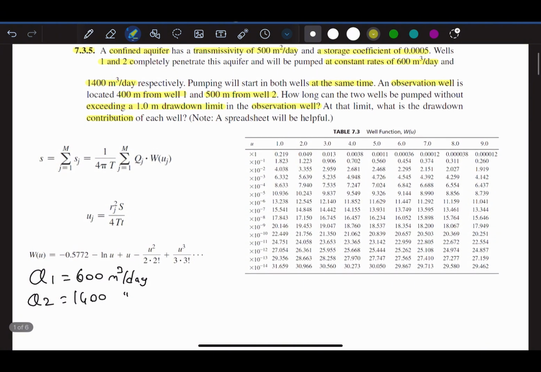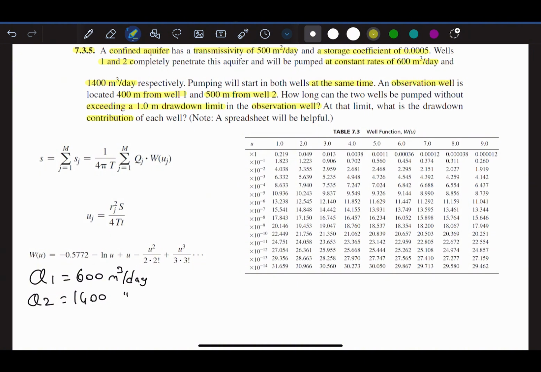So in this question, basically, we need to find the time that causes a drawdown equal to 1 meter, so that the drawdown from both wells should be equal to 1 meter.